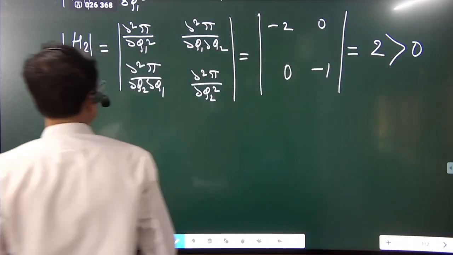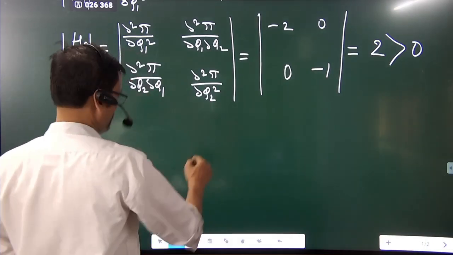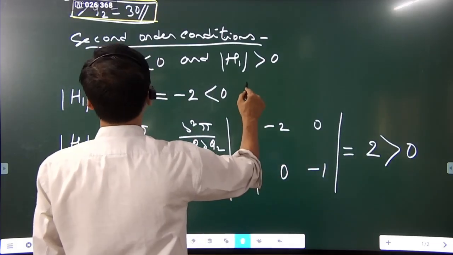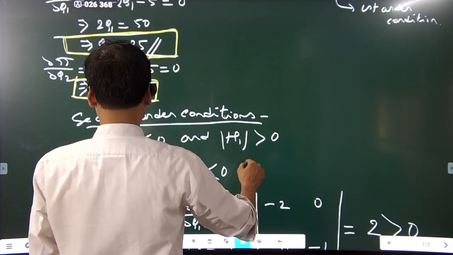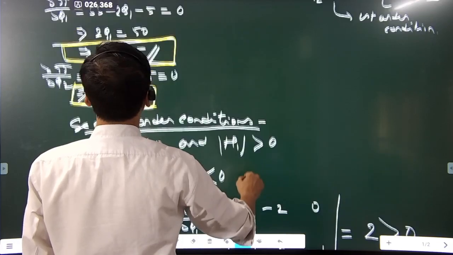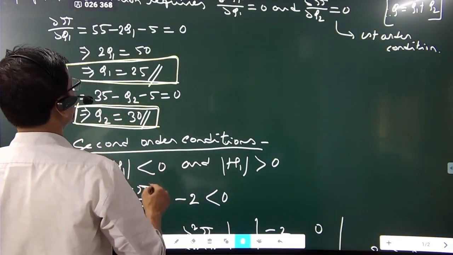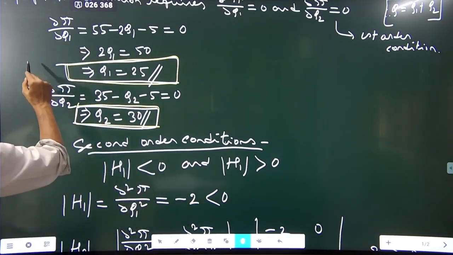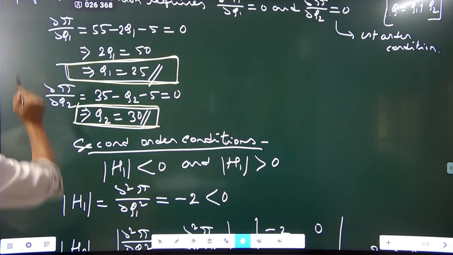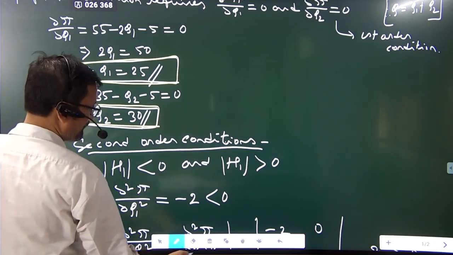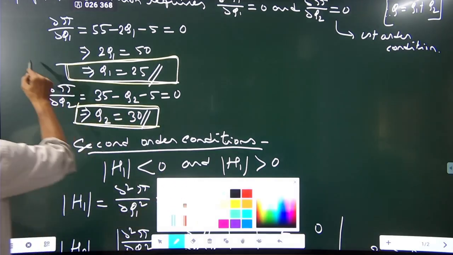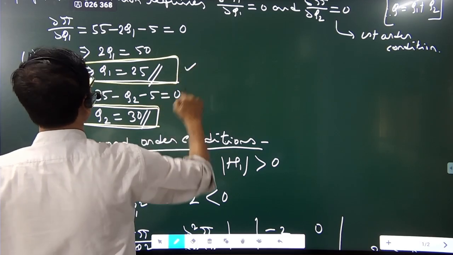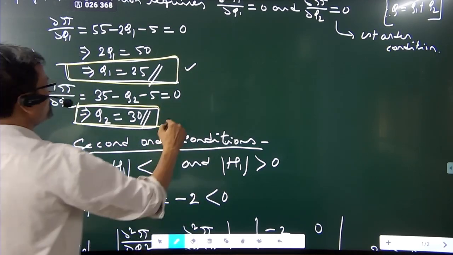So the first Hicksian is satisfied, the second Hicksian is satisfied. Now we are in the position to find out the prices in the market. Already we have got the quantities, the answer to question number 1: Q1 is 25, Q2 is 35.